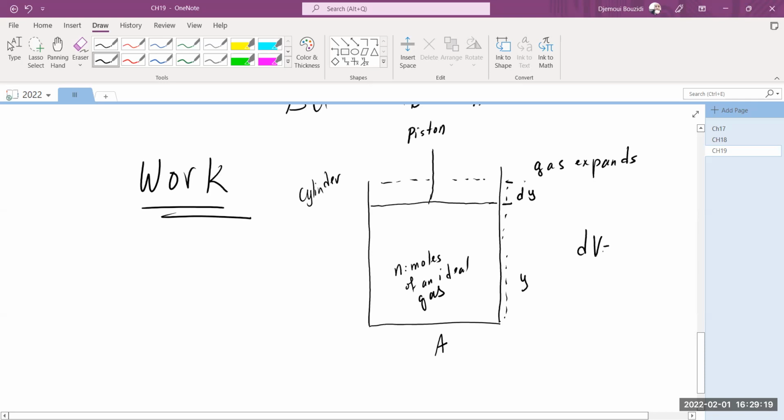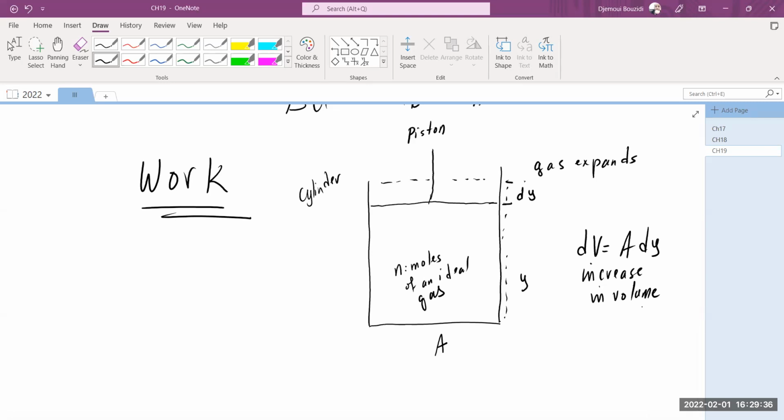So dV is now A dy. This is the increase in volume. This is not the new volume. This is how much the volume went up, because I have cross-section A, and now I have increased by dy. Obviously, dy is an infinitesimal value, so I'm exaggerating the picture in here. This is a very tiny value.